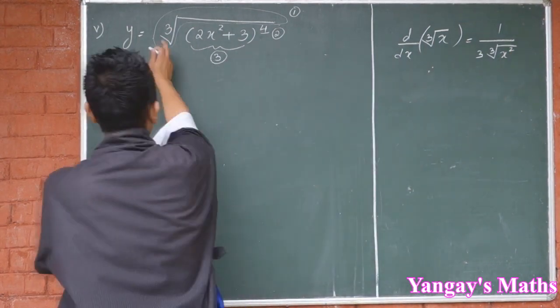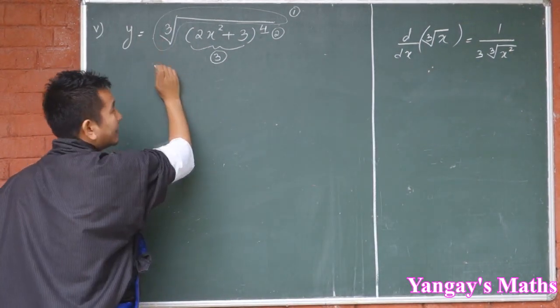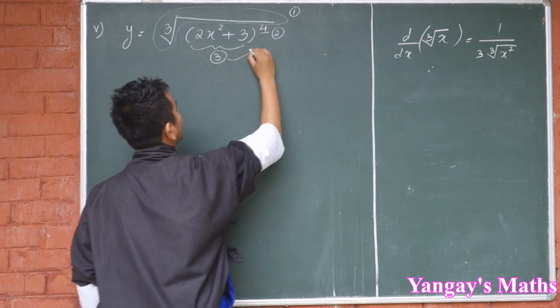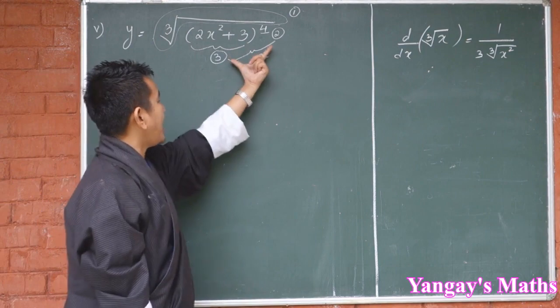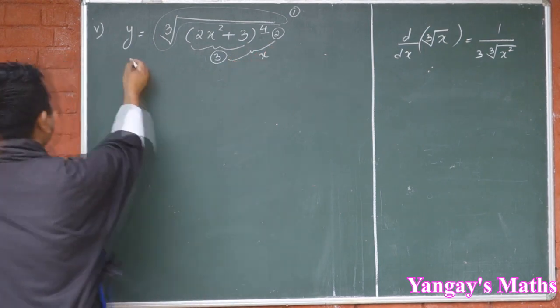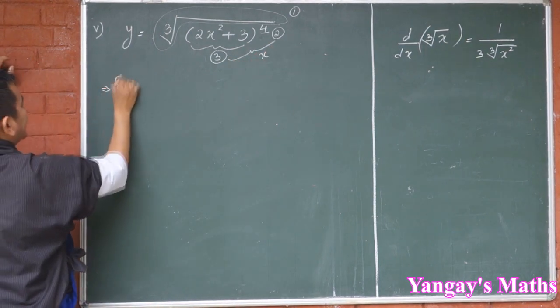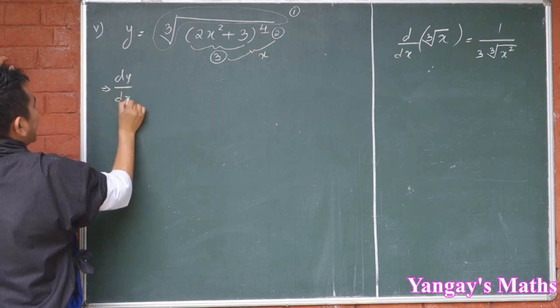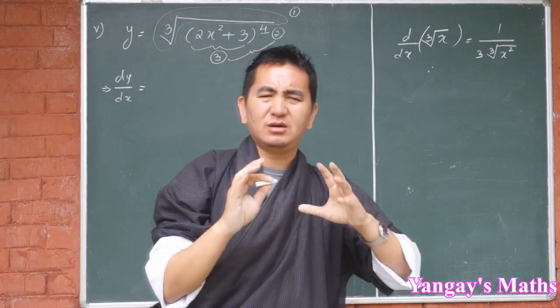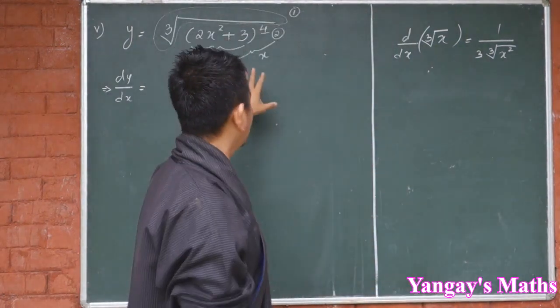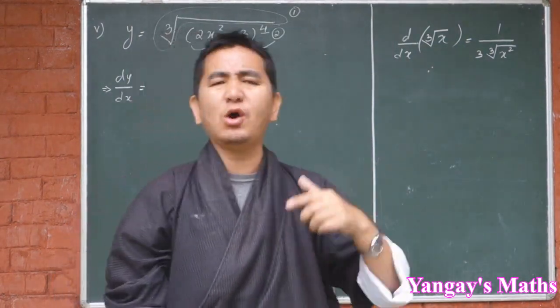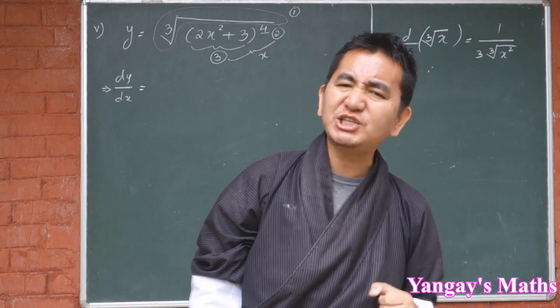Okay? So therefore, when you go for number 1, assume this number 2 and 3, both of them, as an x. So therefore, when you differentiate dy by dx, listen, I know this method is a little bit complicated, but if you get used to this method, I'm telling you, later when you go with a bigger function, it will be much easier.